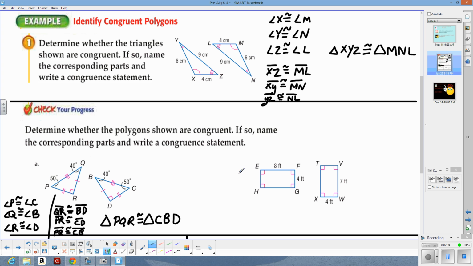The second example over here, the angles are all congruent, but we have side lengths of 8 and 4, and then 7 and 4. So these two are not congruent. They're not congruent because the 7 and 8 are not the same.